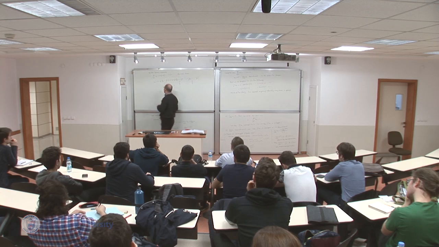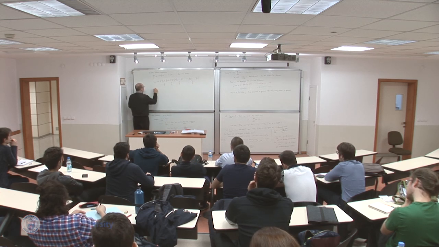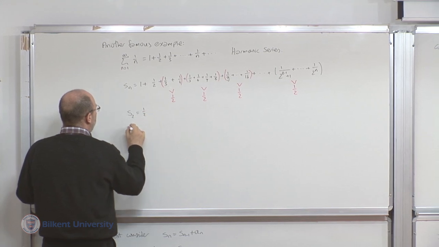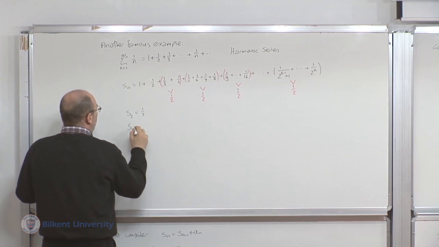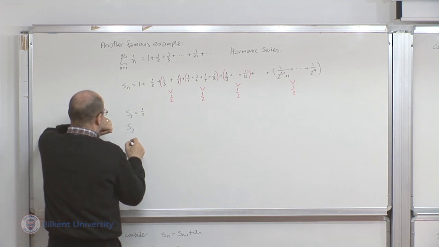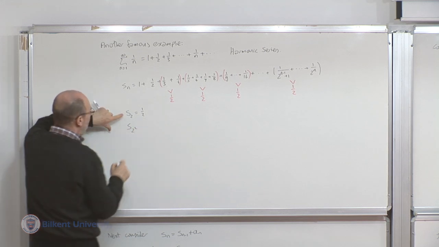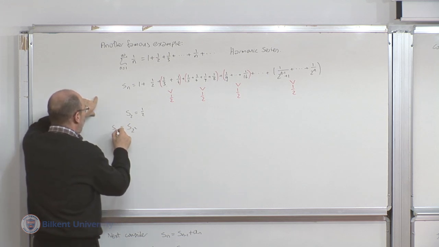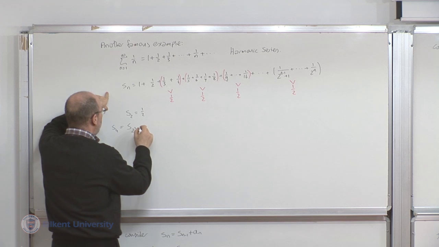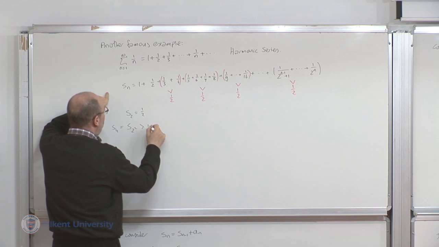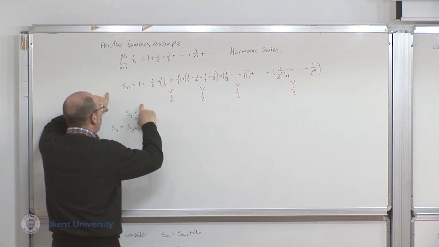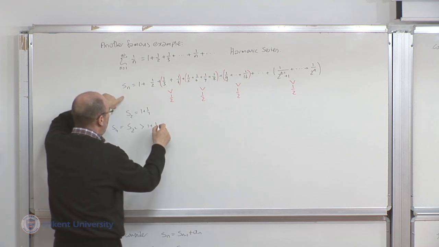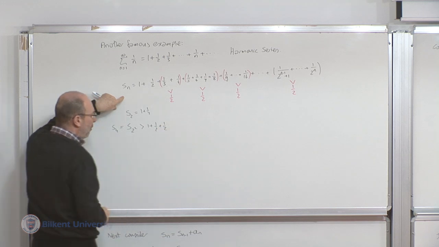The formal way to do this is the following. S2 is equal to 1 over 2. S2 to the power, these are partial sums, okay? So this is S4, adding up to S4. This is larger than 1 plus 1 over 2. So S2 is 1 plus 1 over 2. This is 1 plus 1 over 2 plus 1 over 2.